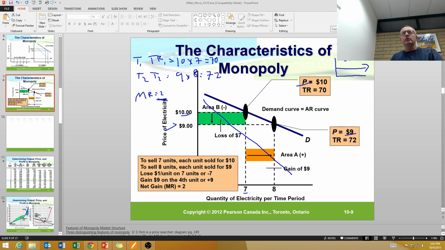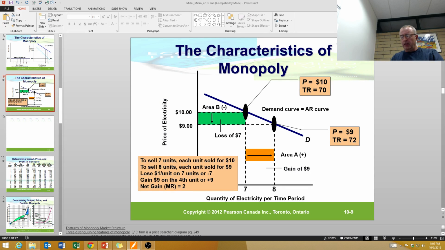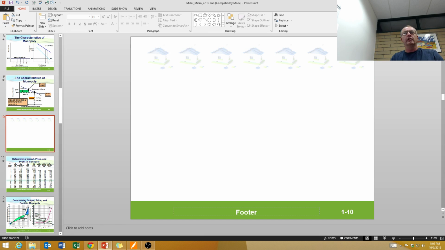Okay, so the book mentions that the marginal revenue depends in part on the price elasticity of the demand curve, and I was going to try to show that to you.